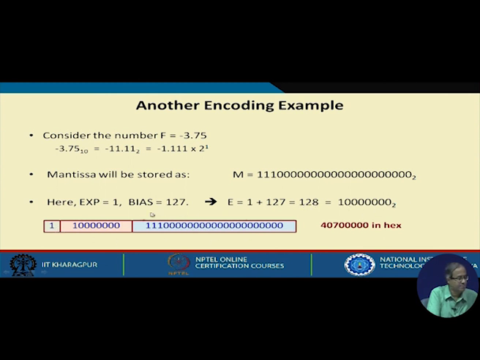So, the number will be represented as sign 1, negative, exponent and mantissa, which in hexadecimal is, actually I think this is not 4070. This will be 110, this will be C070. This will be C, not 4. So, 110 gives C070.